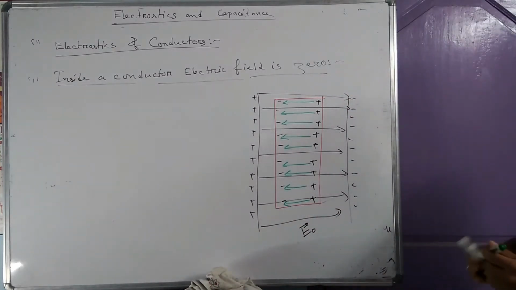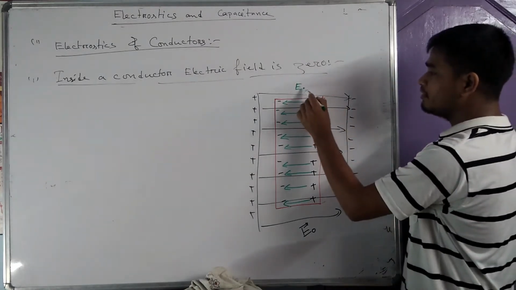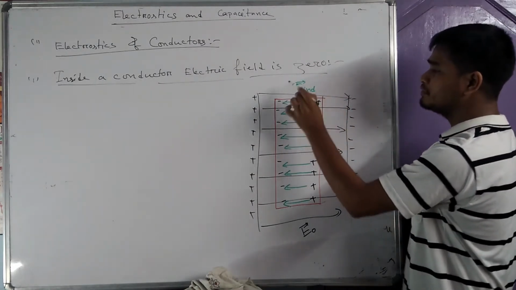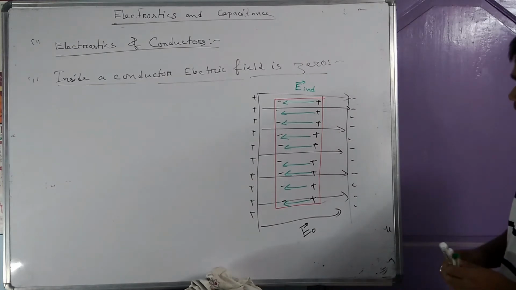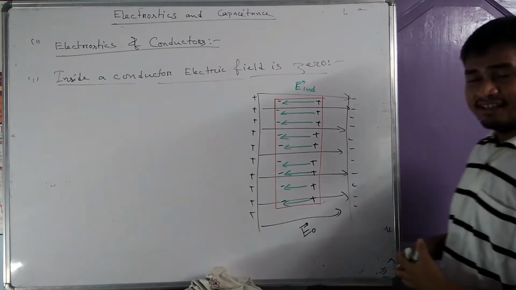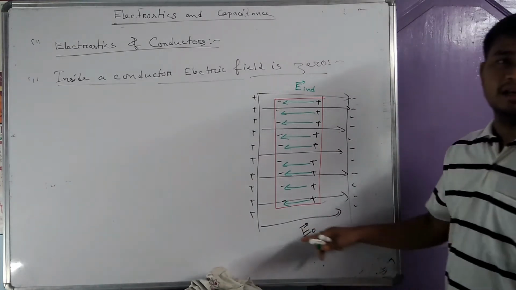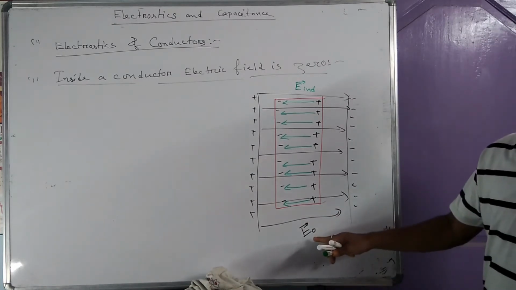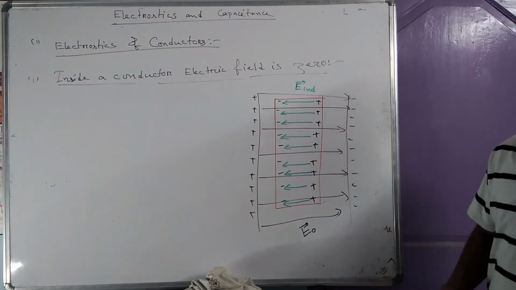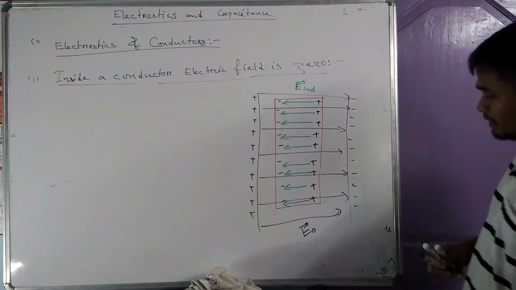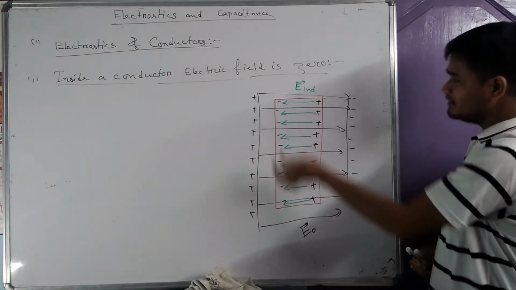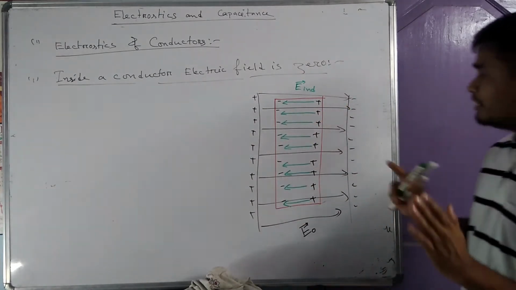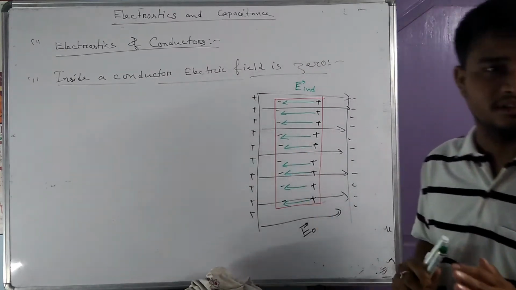The induced electric field, let us say E induced, is increased until it is equal to the applied external electric field E naught. When E naught is equal to E induced, then there will be no movement of electrons.